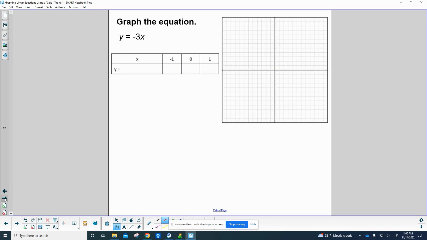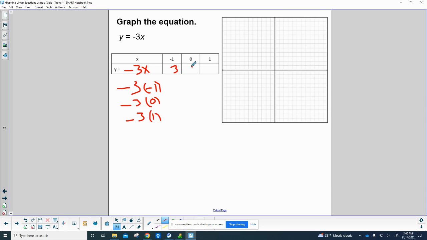Okay, here's one where there is no number after the x, so it makes it actually a little bit easier. Negative 3x. So that just means that we're going to multiply negative 3 times negative 1, negative 3 times 0, and negative 3 times 1. So if we do that, negative 3 times negative 1 is positive 3.